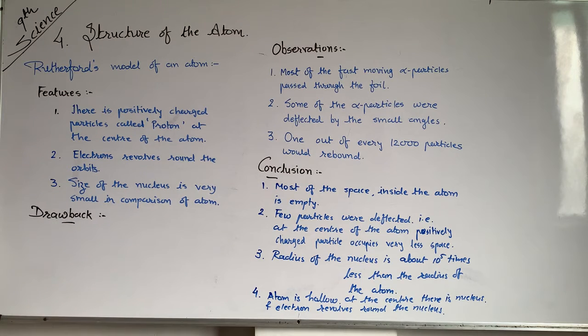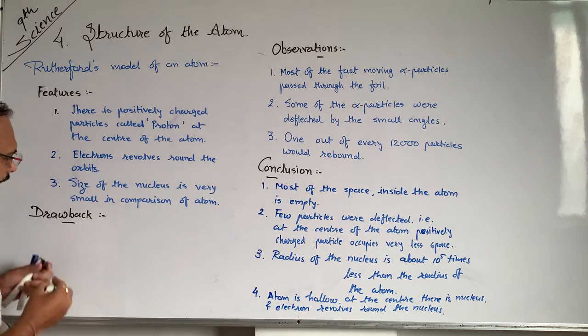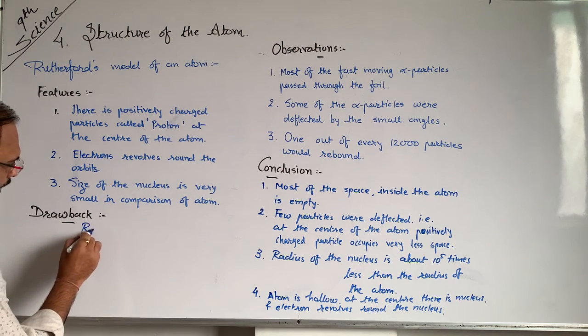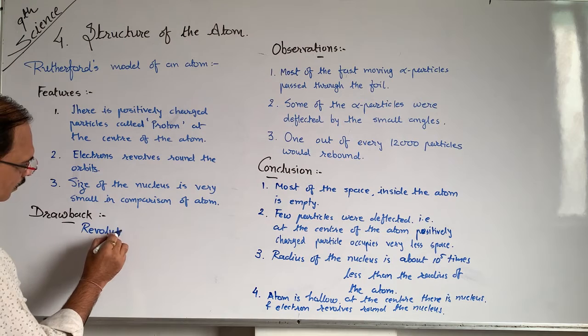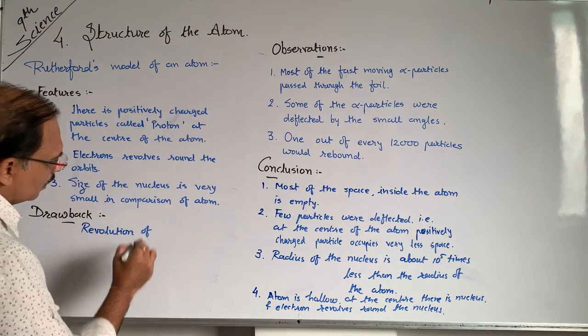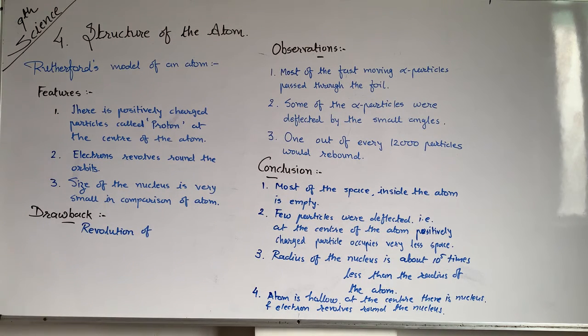Rutherford said that the revolution of the electron in a circular orbit is not expected to be stable. See, I will explain.